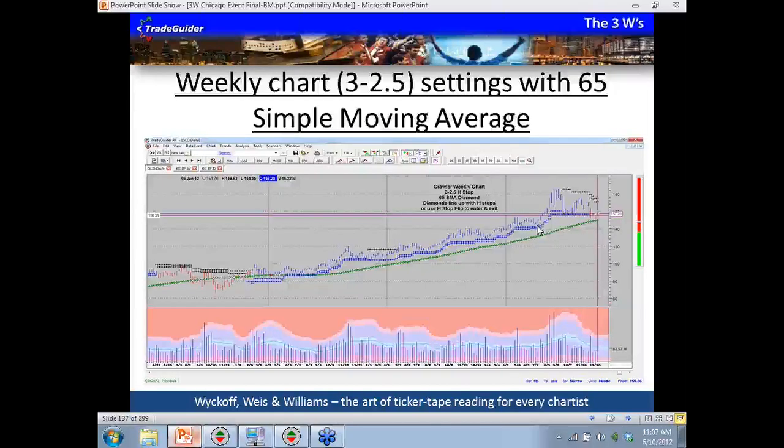I'm pretty sure it's based off the Wilder volatility, but Gavin could probably elaborate more on that. It looks like a volatility stop. The weekly chart settings are the 3.25 settings for the H stops.